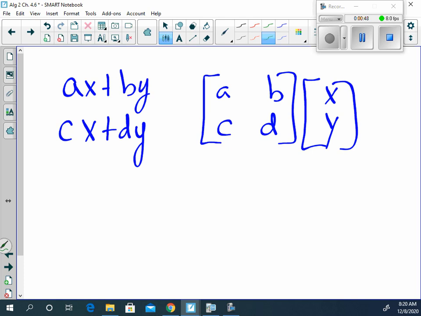Well, let's actually look at the multiplication and see why this works. Because when we multiply two matrices together, this here is a 2 by 2, and this here is a 2 by 1. So the columns of the first match the rows of the second, which says I can multiply it. And what I'm going to finish with is what? A 2 by 1, yes? So let's multiply. So I would go over and down.